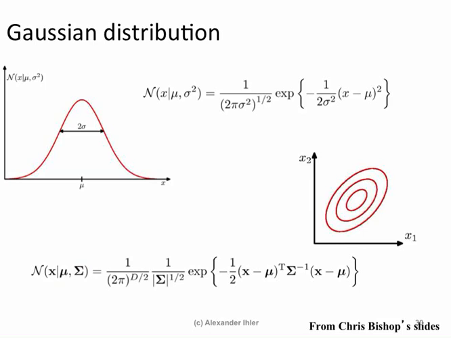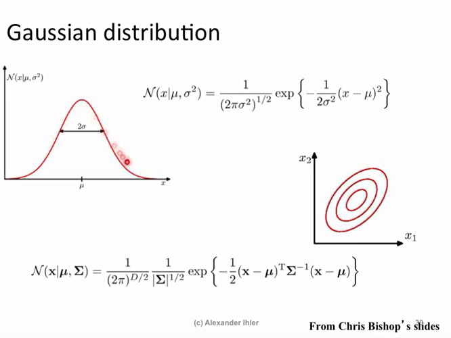And it's defined quite similarly. It's e to the minus something, where instead of x minus mu squared over sigma squared, it now becomes the vector x minus mu times the inverse covariance matrix times the vector x minus mu. So this is a dot product defined by matrix inverse sigma.